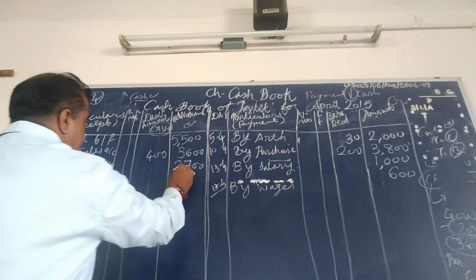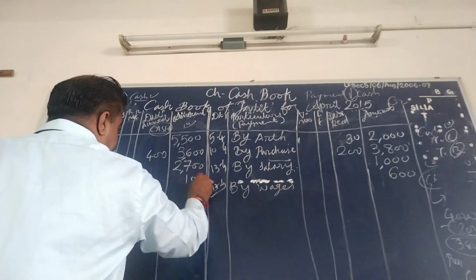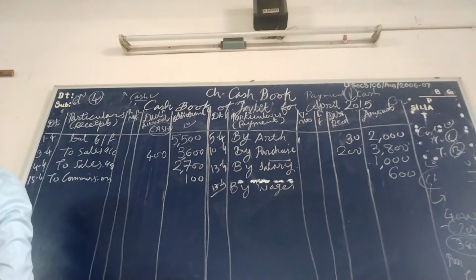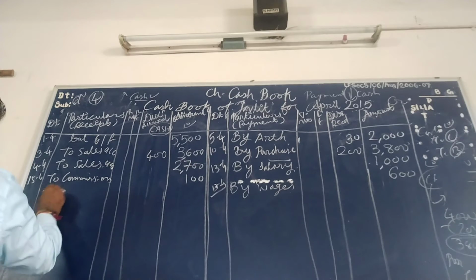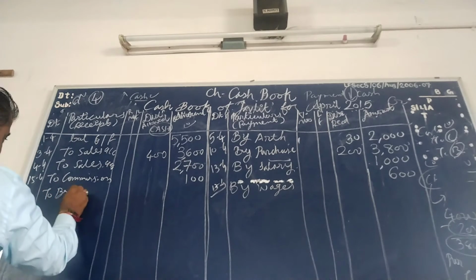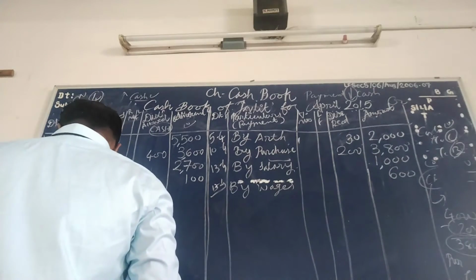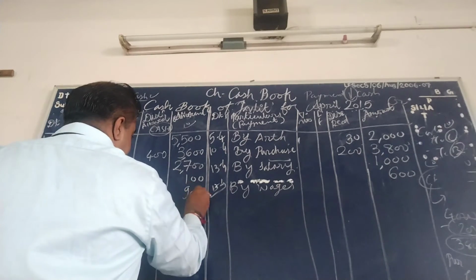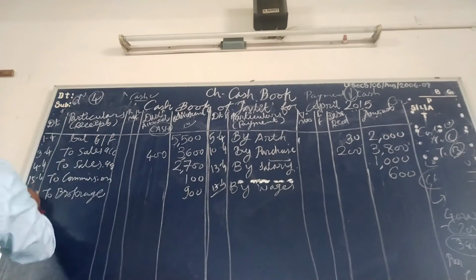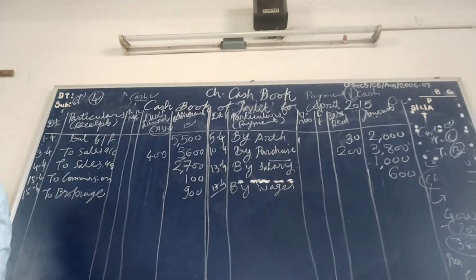Commission we received rupees 100, to brokerage we received the brokerage rupees 900. It is of 15th April.